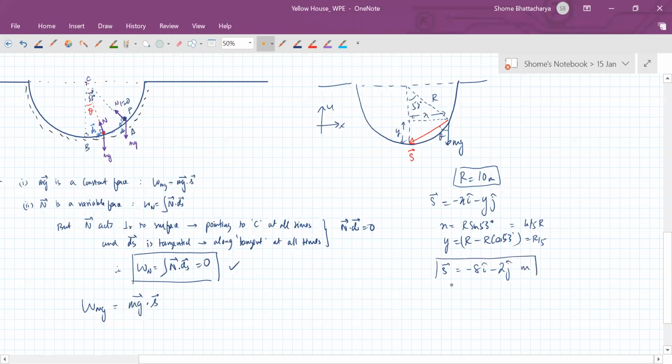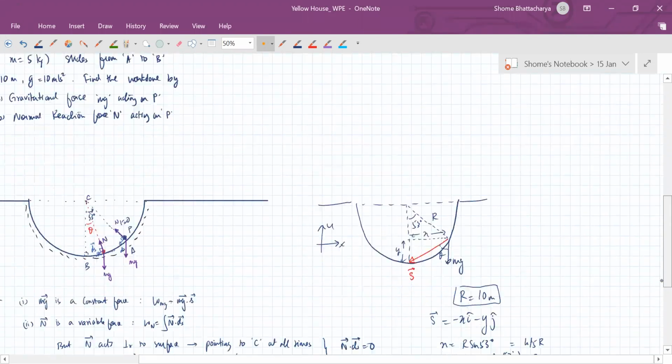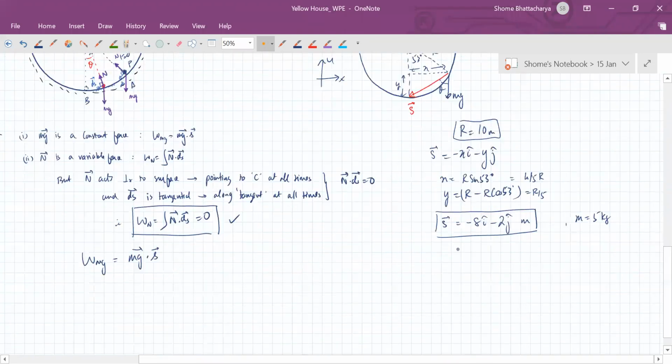This will be your displacement. And the mass of the particle was 5 kgs, I think. Yeah, 5 kgs. So mg as a vector, we can write as minus 50 j cap in newtons. This is the easiest way to calculate the dot product.